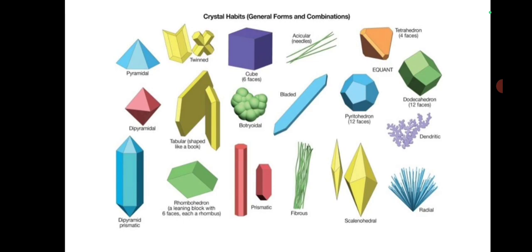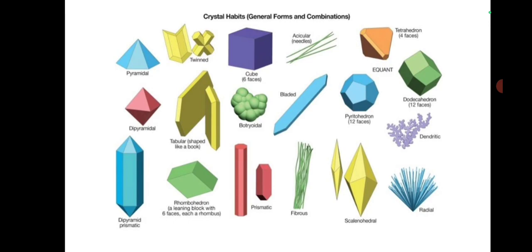Then dodecahedron. We know decahedron means it has 10 faces, since it is three dimensional. Dodeca means it has 12 faces. Then dendritic. Dendritic means like the leaves of a tree.